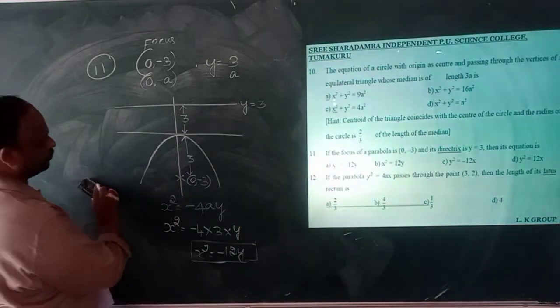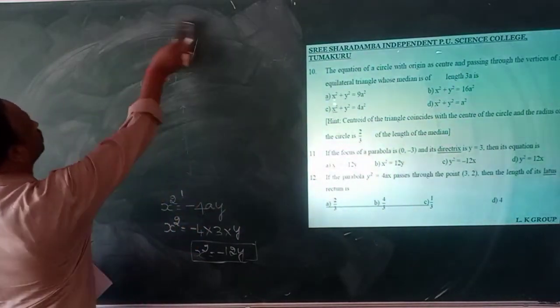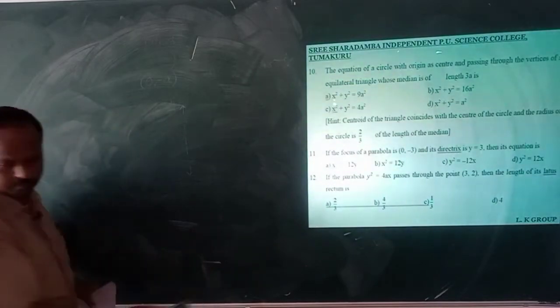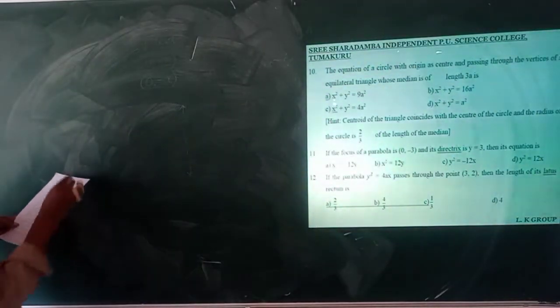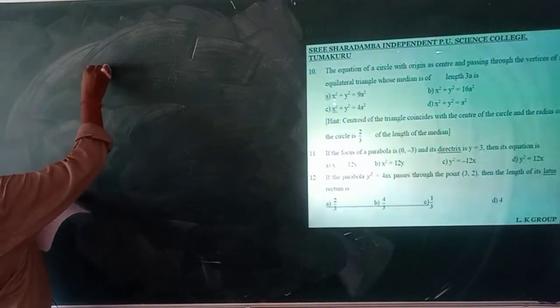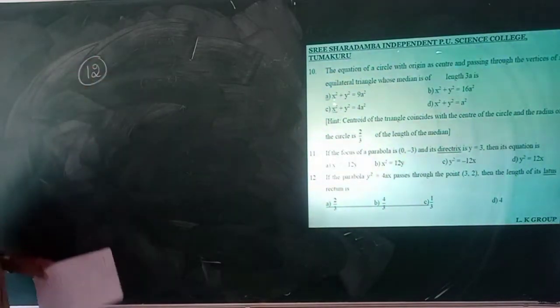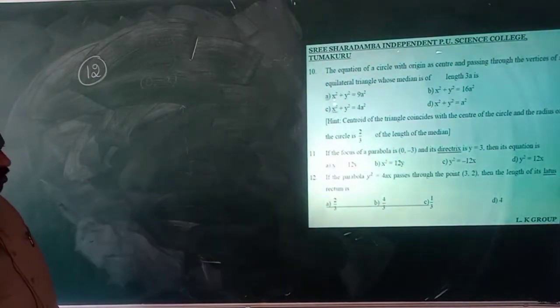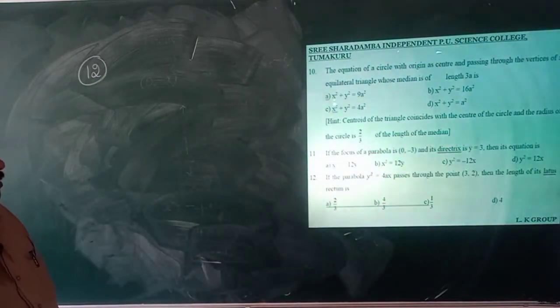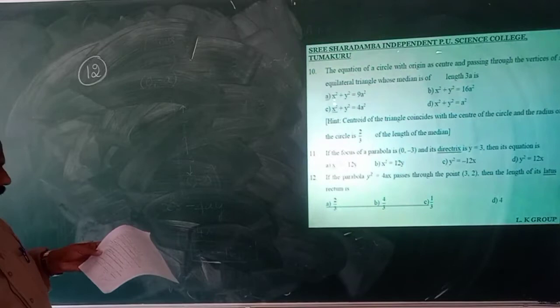Next one. Twelfth one. Read question number 12. If the parabola y square is equal to 4ax passes through the point (3, 2), then find its length of latus rectum.